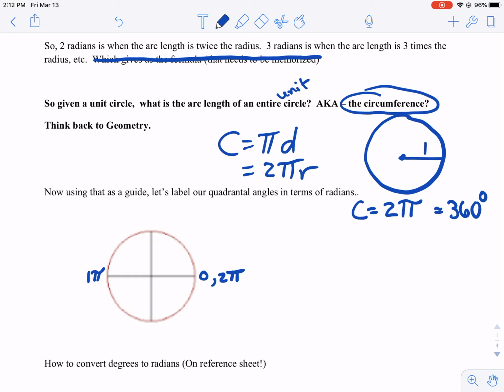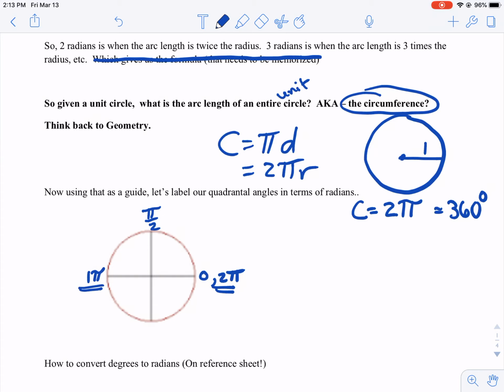Which would make up here at 90 a half a pi. So we call it pi over 2. Okay? So I took the pi, cut it in half, and I got up here. Well, then I've got 1 pi right here. I've got 2 pi right there. What's halfway between 1 and 2? 1.5.